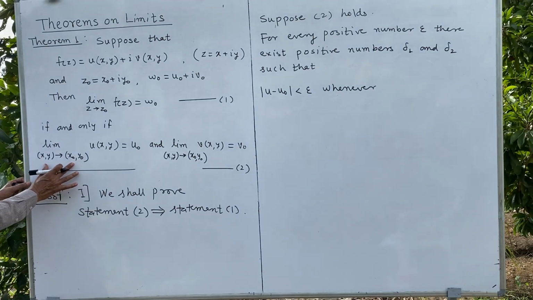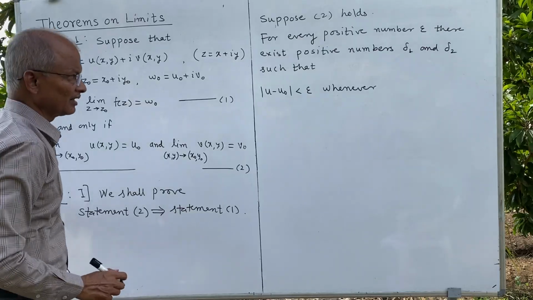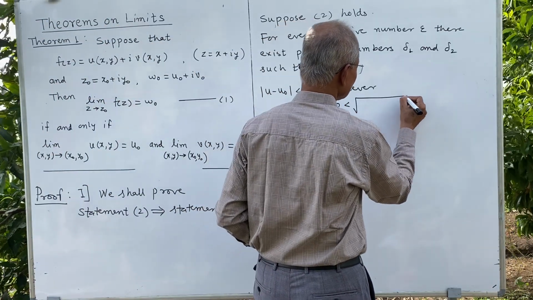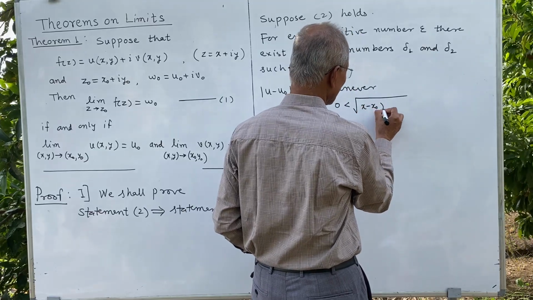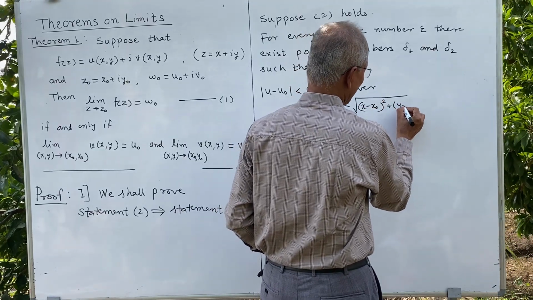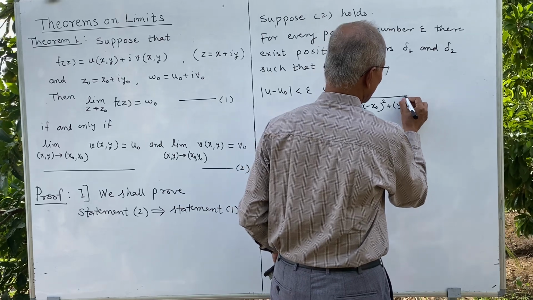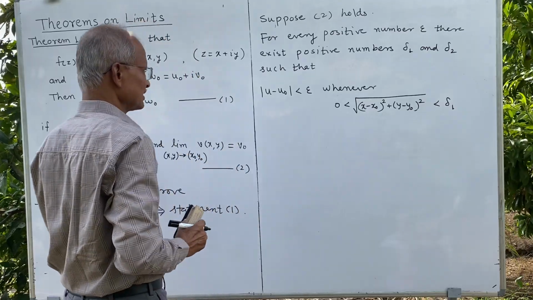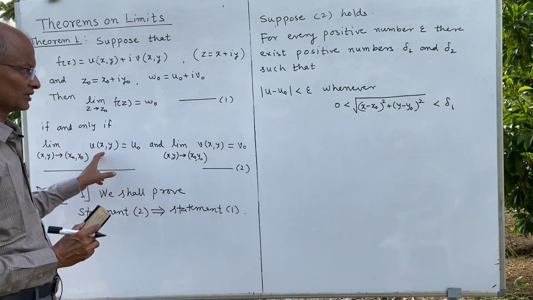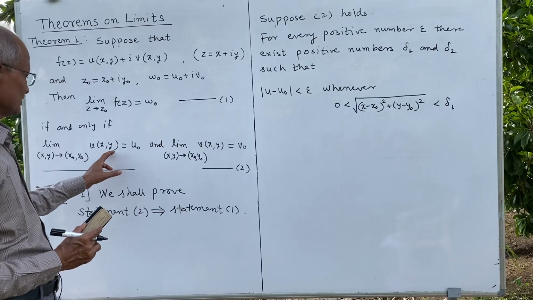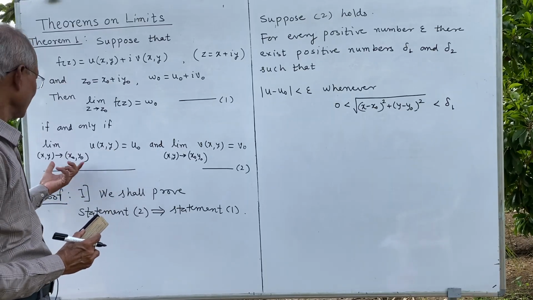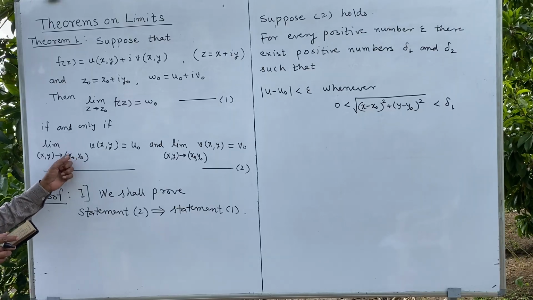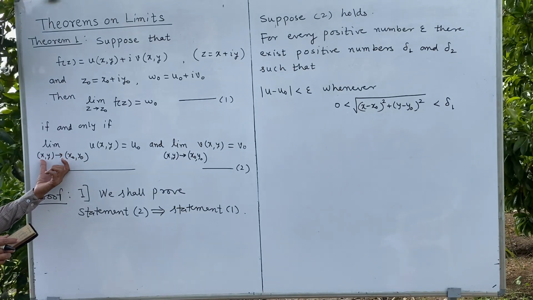It is the same as the distance between these two points, that is, whenever 0 is less than square root of x minus x naught whole square plus y minus y naught whole square, and this is less than delta 1. The absolute difference of this is less than epsilon. This is the definition of limit of a function: it is less than epsilon whenever this point x y lies in the delta neighborhood of this point, meaning the distance between these two is less than delta 1.